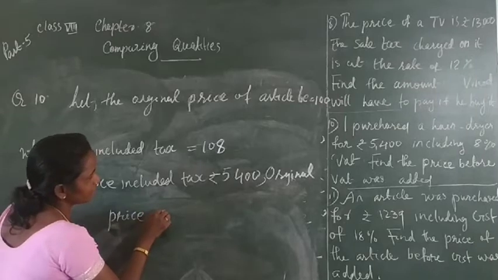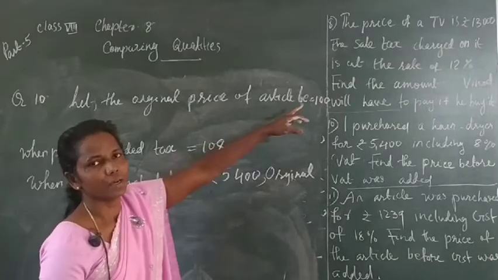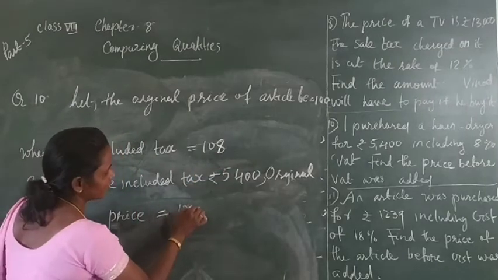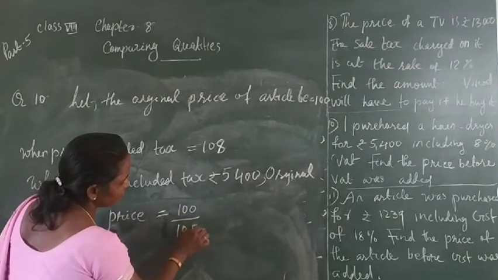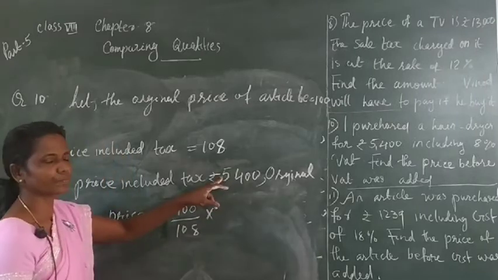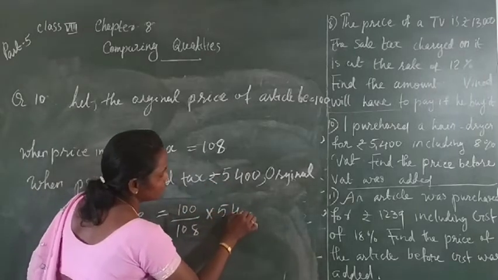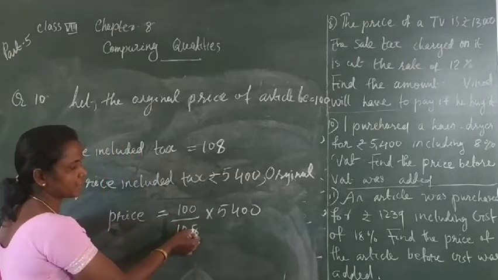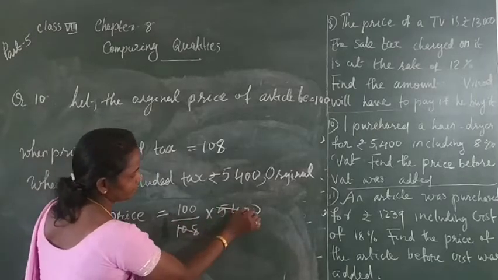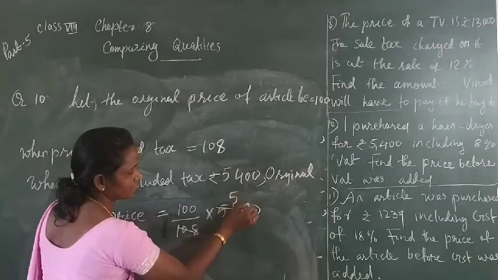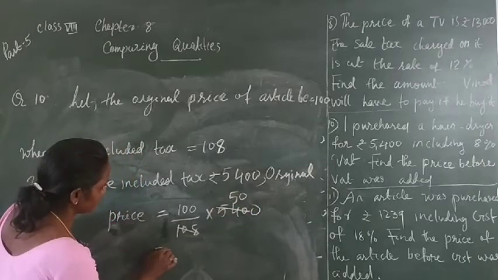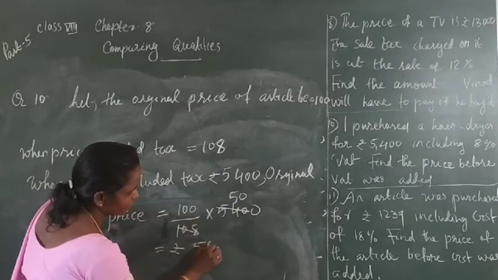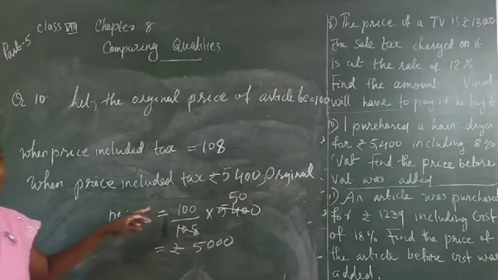Original price is equal to, look, 100 by 108 multiply 5,400. Then how many times 108 in 540? 5 times and 0. Then what is original price?